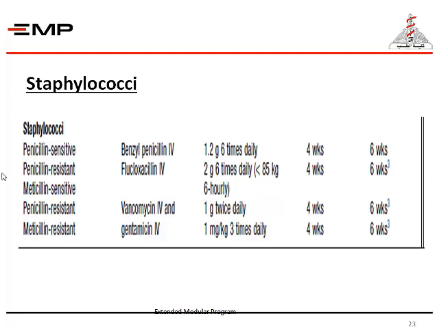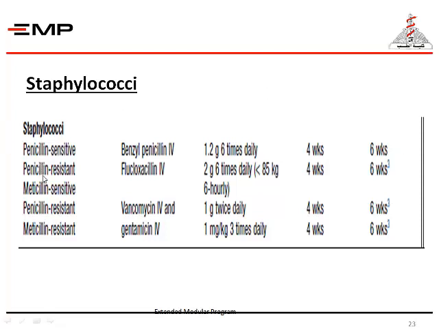Staphylococcus infection is treated according to penicillin sensitivity and methicillin sensitivity. If the patient is penicillin sensitive, benzyl penicillin IV for 4 weeks in native valves and 6 weeks in prosthetic valves.